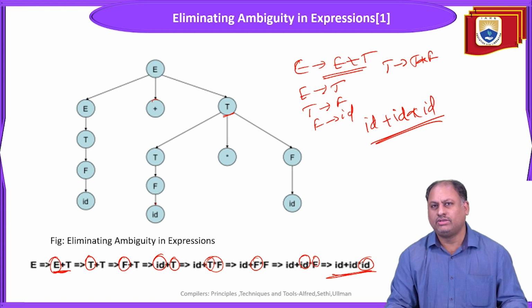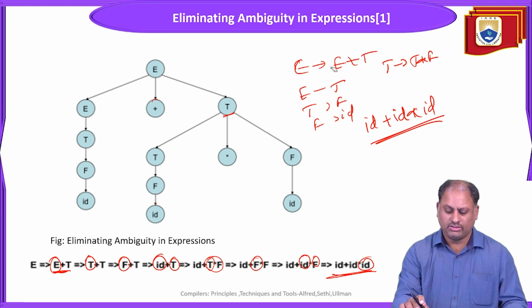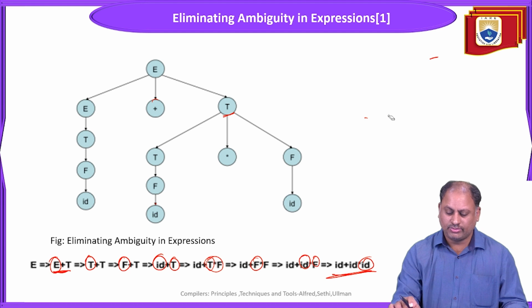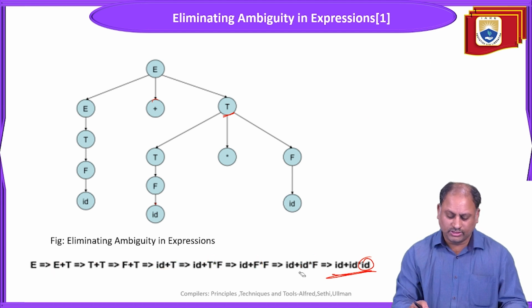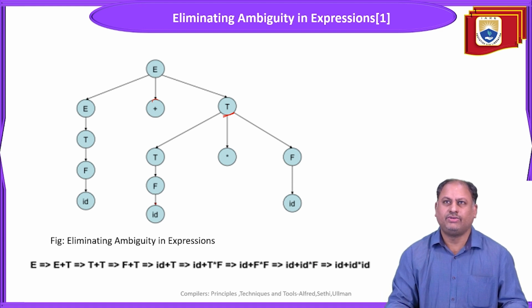So here we are going to eliminate ambiguity by considering different rules with associativity, the level of precedence, and parenthesis of expression, so that we can get rid of this ambiguousness.